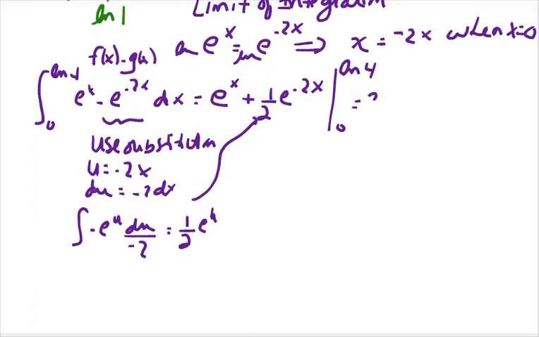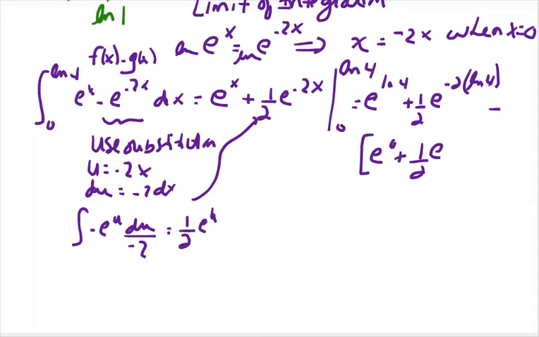So substitute in ln of 4. Minus, sorry, I'm running out of space here, e to the 0 plus 1/2 e to the 0. Right, and of course, e to the 0 is just 1.